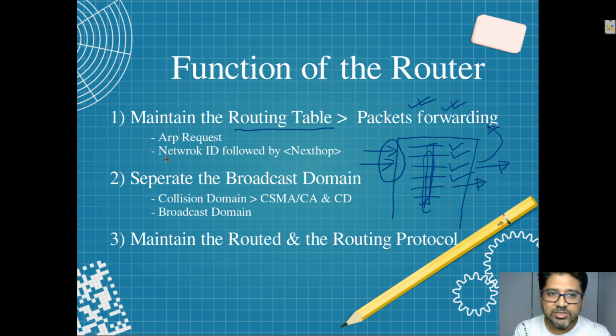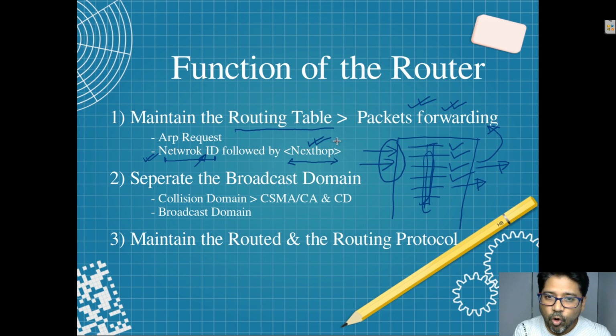we're going to see it install the network ID of each network. So the routing table installs the network ID of each subnet with the associated next hop. Next hop says that if you are able to reach this next hop, then you will further see how to reach this network.